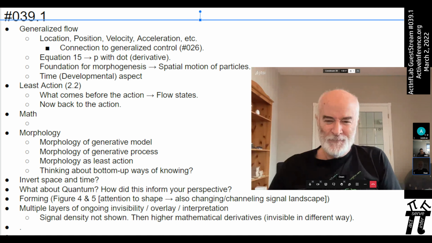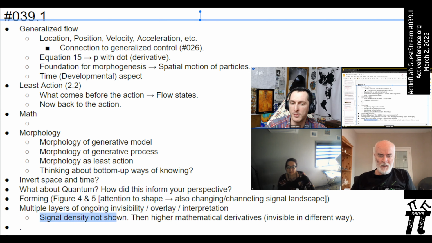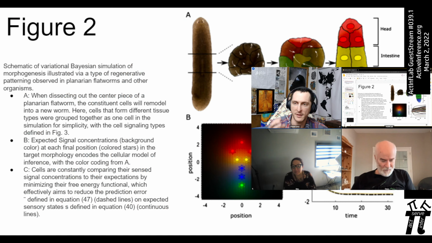Awesome. What that made me think about is this idea of multiple kinds of invisibility or overlay or unpacking, projection up into a bigger dimension of interpretation. You pointed out how the focus was on morphology, which is to say the final realized form, this picture is of the morphology of the animal.